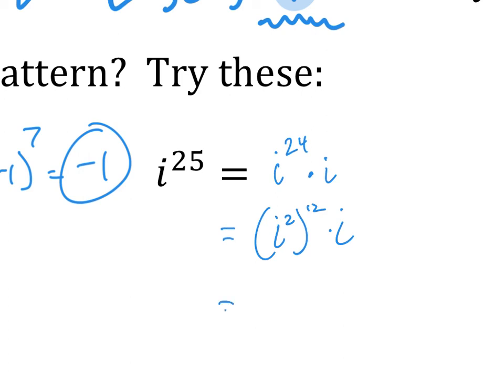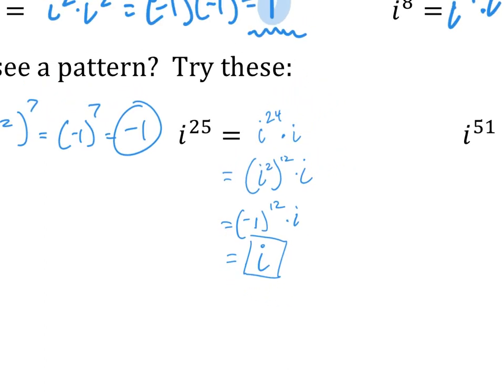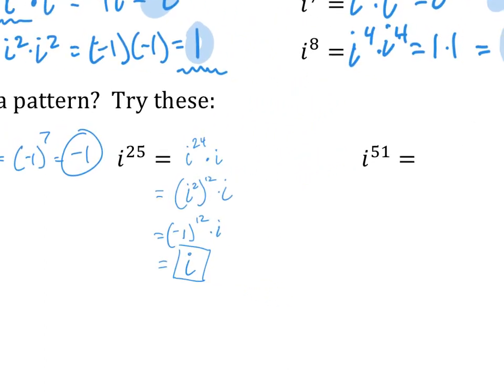Well, I squared we know becomes a real number, -1. And -1 to the 12th, because it's an even power, is just 1. So we're going to have 1I, or just I. So I to the 25th becomes I.